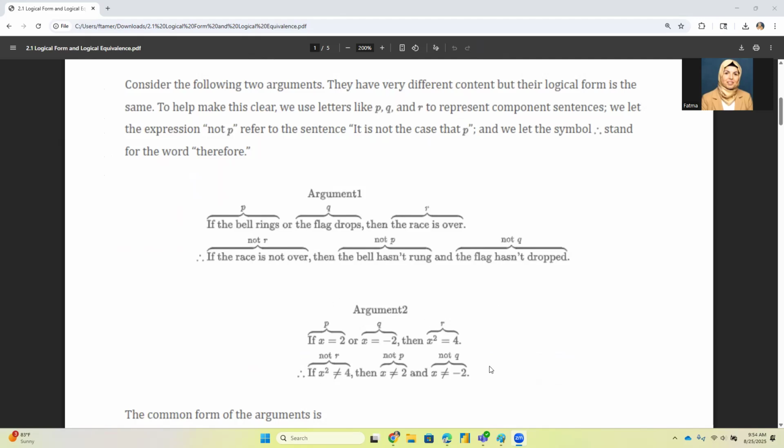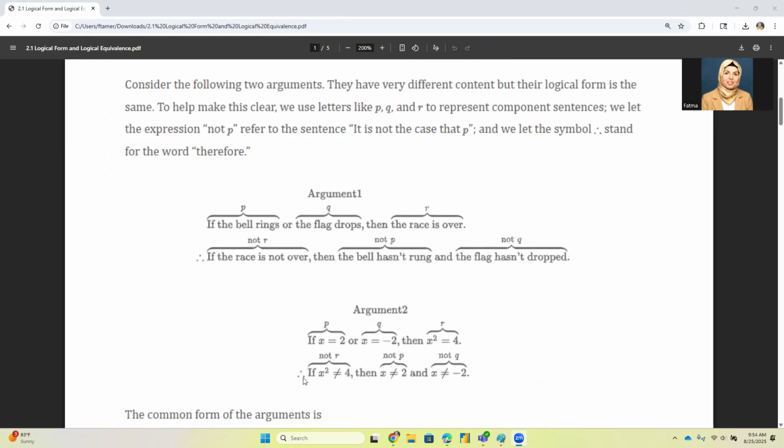So let's take a look at a different argument with different content. The English sentence is, if x is equal to 2 or x is equal to negative 2, then x squared is equal to 4. For this argument, P is x equals 2, Q is x equals negative 2, and x squared equals 4 is the R portion.